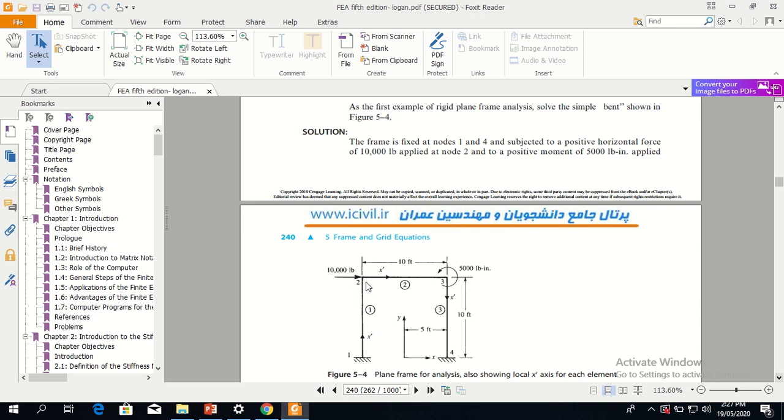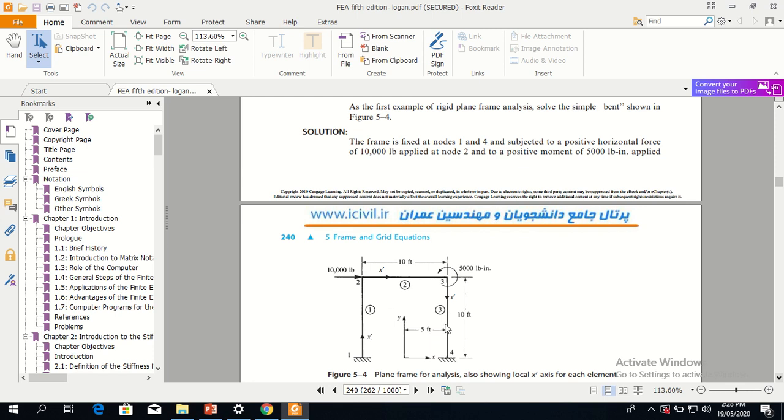You can see here at node 2, 10,000 pounds are applied and the force is in the same plane of the frame. So we can say this is an example of a plane frame in which the forces are in the same plane. At node 3, a 5,000 pound-inch moment is applied.